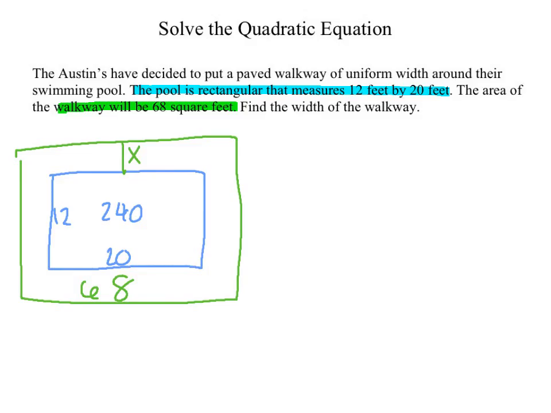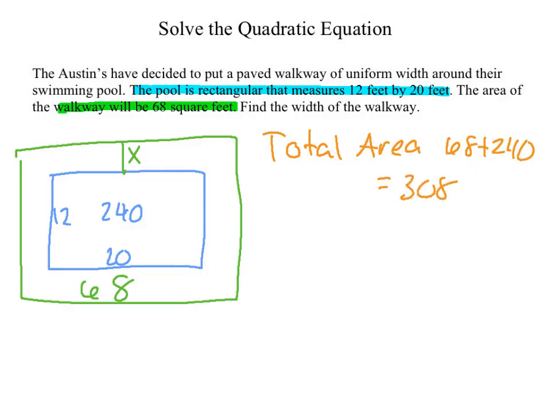So if I want the total area of the whole thing, the total area is going to be 68 plus 240, and that's going to be 308. So my total area is 308.